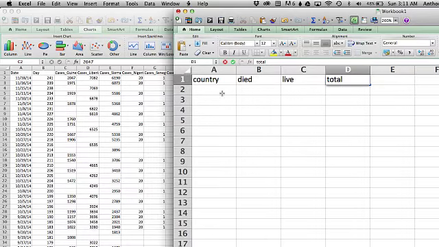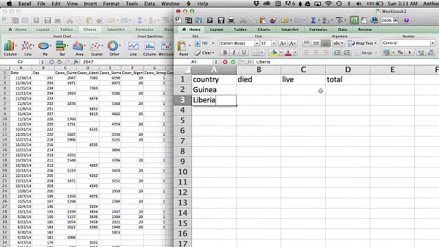Okay, so let's compare Guinea to, say, Liberia. They happen to be right next to each other in the columns. Total number of cases in Guinea was 2,047. Total number of cases in Liberia was 7,082.